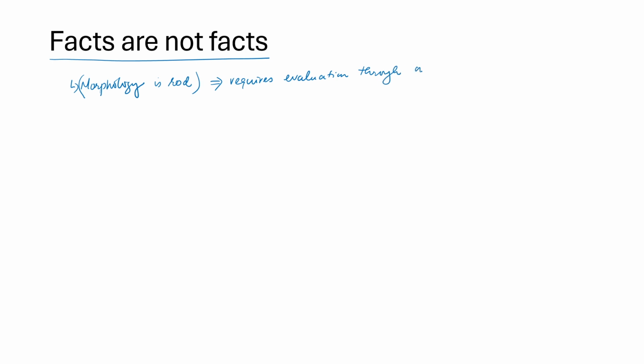Continuing, the question is whether these are facts or not facts. Let us take this part. First, morphology is rod. This is the condition. It requires evaluation through a microscope. So you have to use a microscope to figure it out.